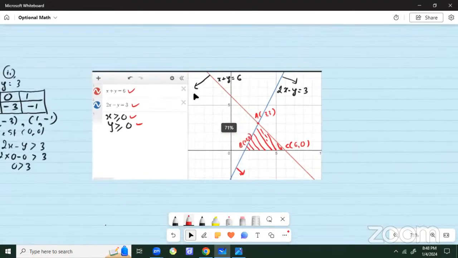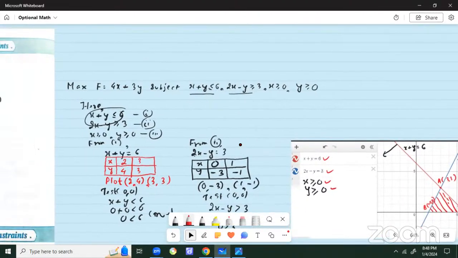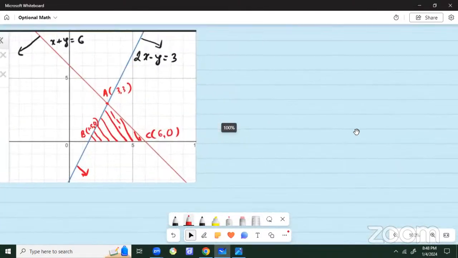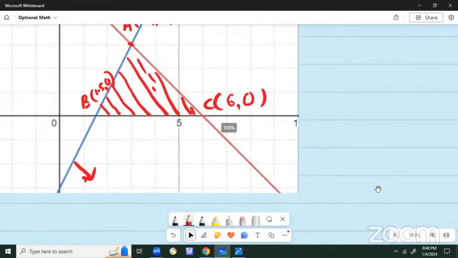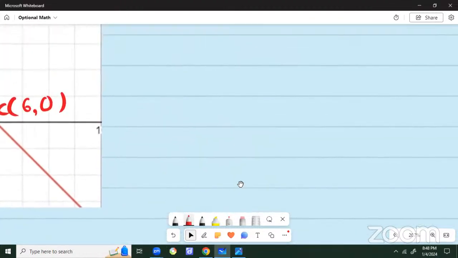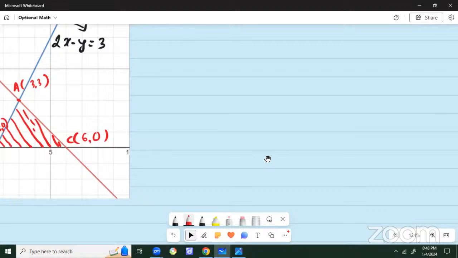the objective function given to us. Look here. What was the objective function? It was f equals 4x plus 3y plus 3. Now, with the help of these three vertices, which are the vertices of the solution region in the form of a triangle, we will see which vertex gives the maximum value of z.